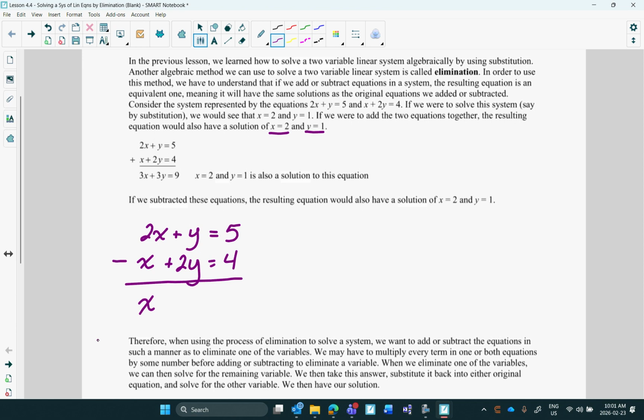What's y subtract 2y? Negative y equals 5 subtract 4, 1. Does 2 and 1 work in that one? Yeah. So x equals 2, y equals 1.